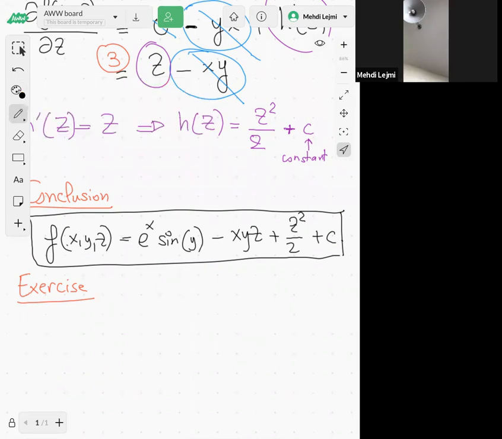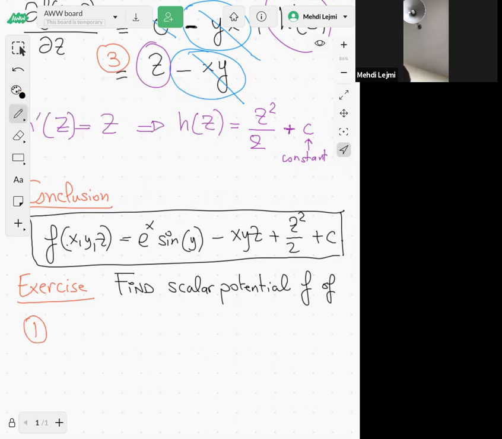So you need to find the scalar potential function f. All these vector fields, of course, are conservative. We know that it is the gradient of some function f.